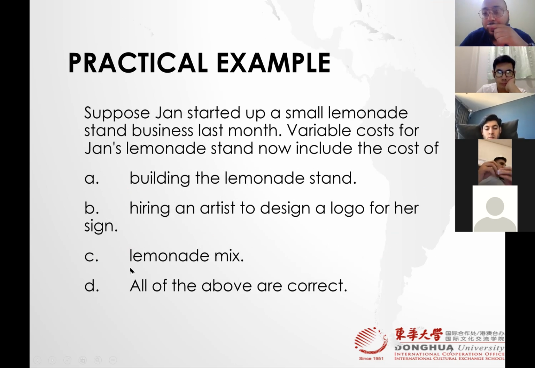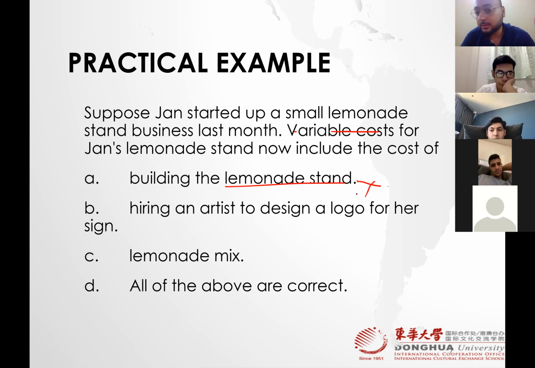So we also talked about this practical example: suppose Jan started up a small lemonade stand. Variable costs for Jan's lemonade stand now include the cost of, so we are talking about variable cost. So building the lemonade stand, you make it one time. From that stand, you can sell 1 lemonade, 10 lemonade, 20 lemonade, the cost of the building stand would be the same.